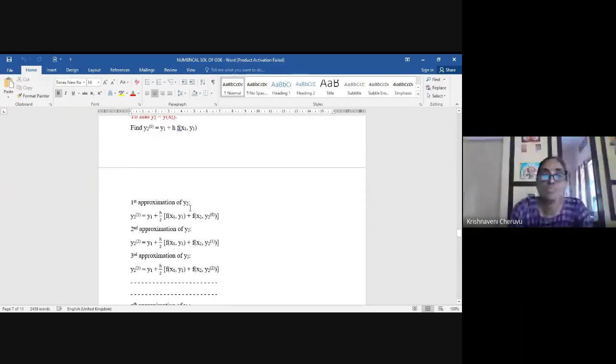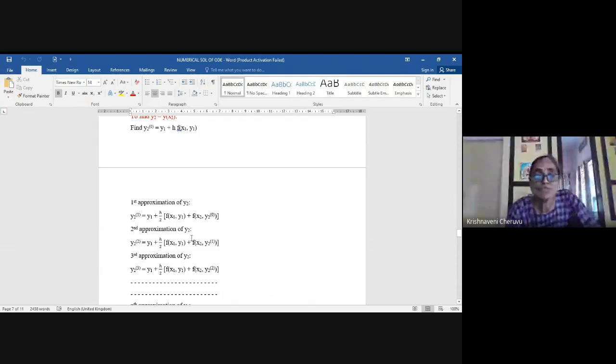Now the first approximation for y2 means the same formula, girls. First approximation for y2 means y2 bracket 1. Second approximation for y2 means y2 bracket 2. Third approximation for y2 means y2 bracket 3. So the first approximation is y1 plus h by 2 f of x1 y1 plus f of x2 y2, the same iterative formula. The difference is here you have to replace y2 with the previous y2 bracket 0.